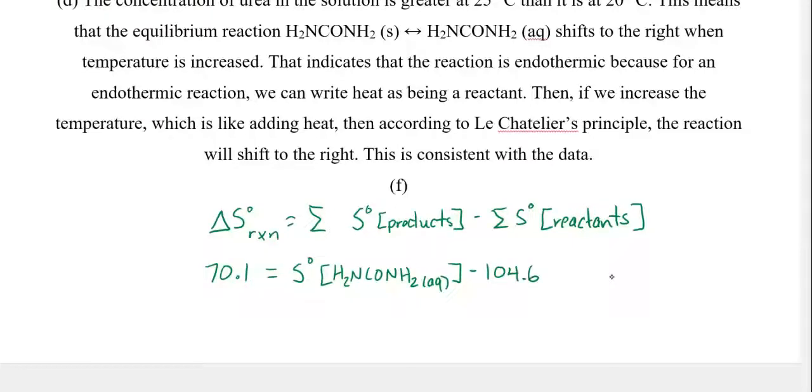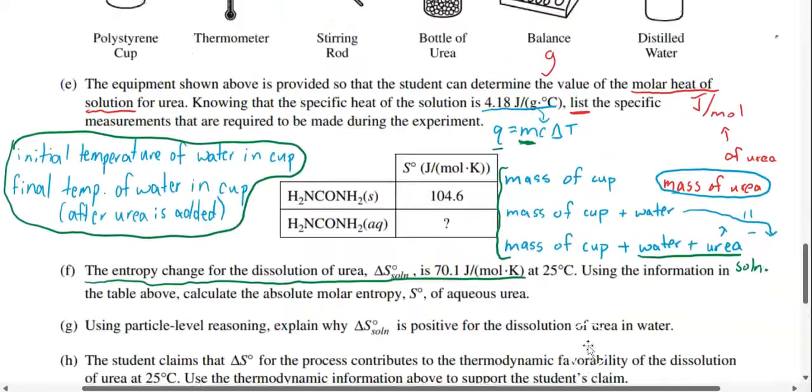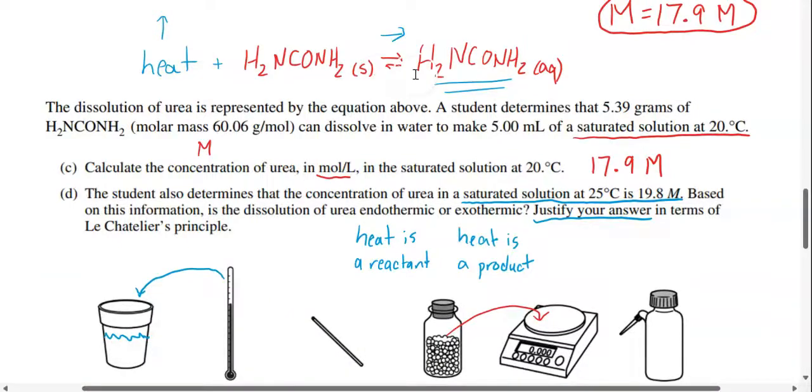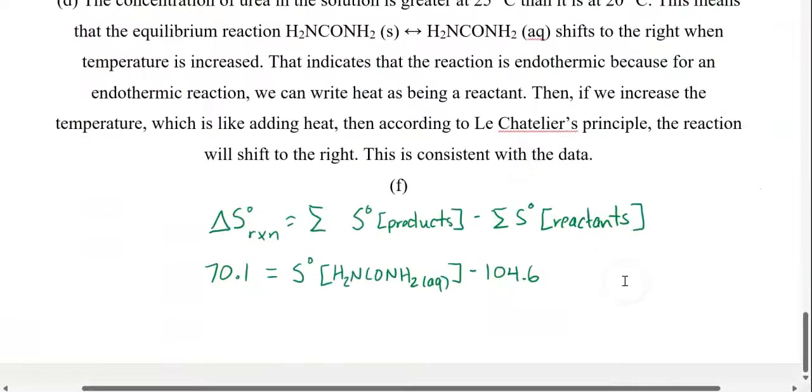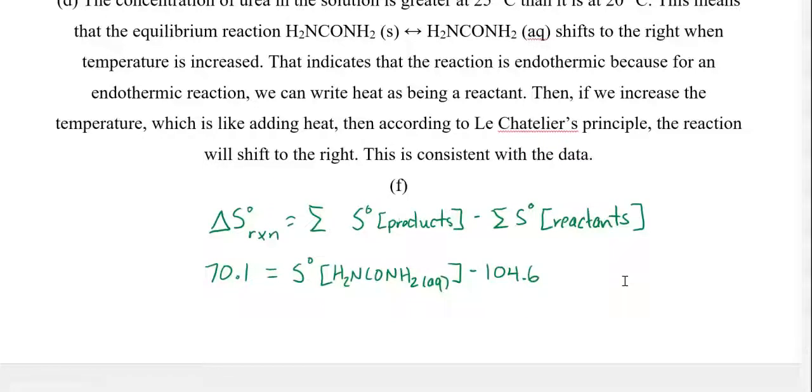Now keep in mind, if you had coefficients here, you would need to multiply the entropies by the coefficients, but in this case, both of our coefficients are just 1, so we don't need to worry about that. So I add 104.6 to both sides, and I get 174.7, and this was joules per mole per Kelvin. That's the standard entropy of aqueous urea.